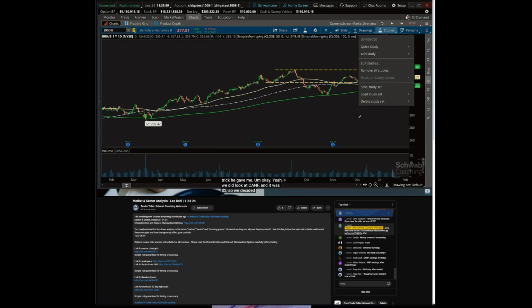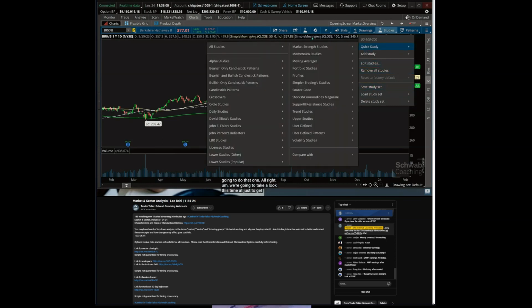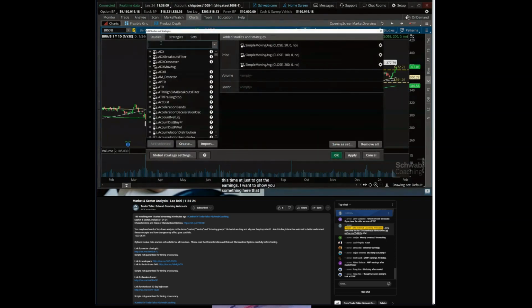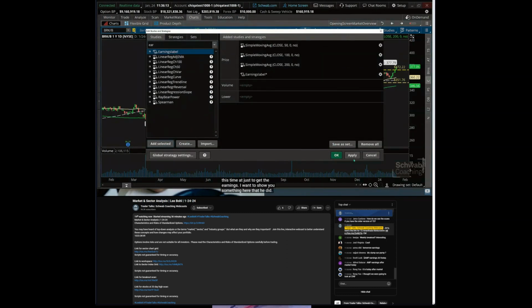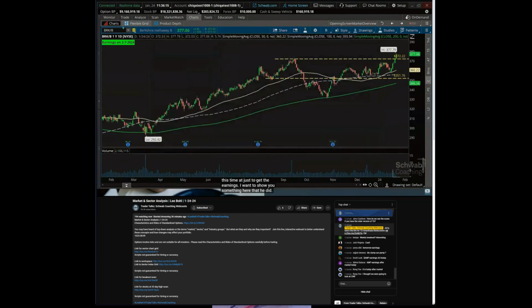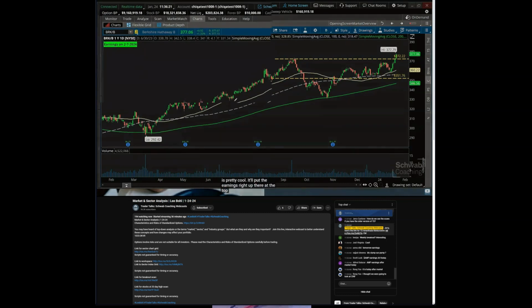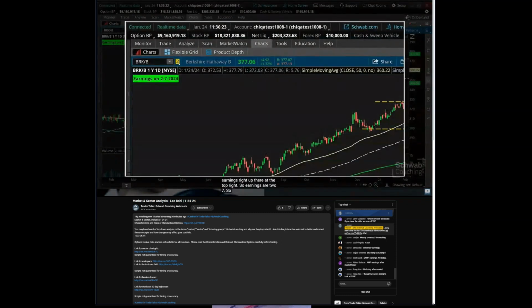We're going to take a look this time, just to get the earnings, I want to show you something here that he did. This is pretty cool. It'll put the earnings right up there at the top. So earnings on this are 2.7. So we still have a little time on Berkshire. So maybe that's a potential one.